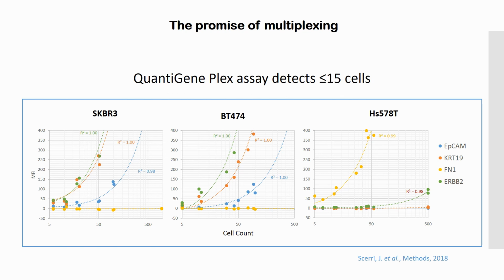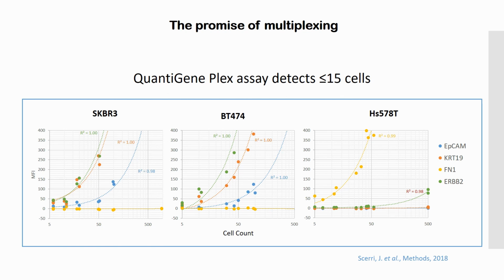So in this case, we of course promote the use of cytokeratin 19 and HER2 for this particular cell line, because we can actually detect down to 5 cells here with this QuantiGene assay.